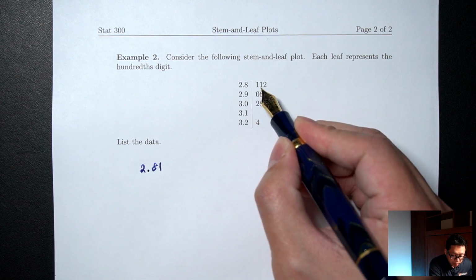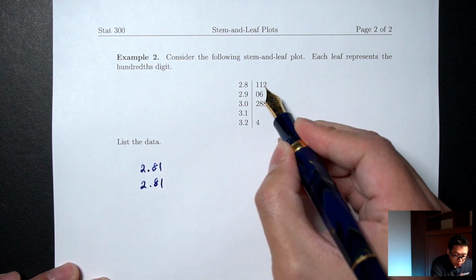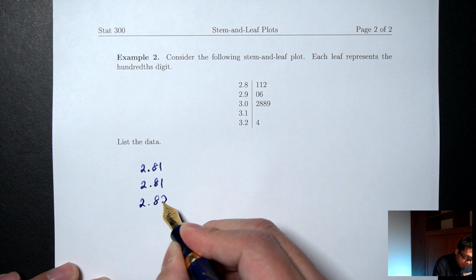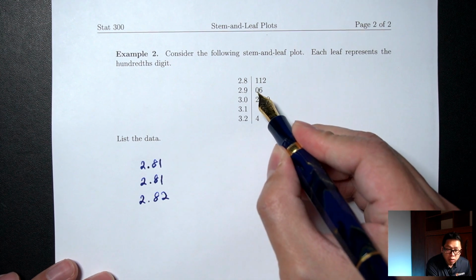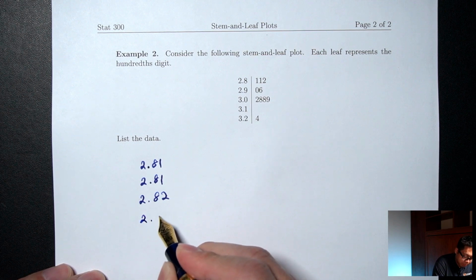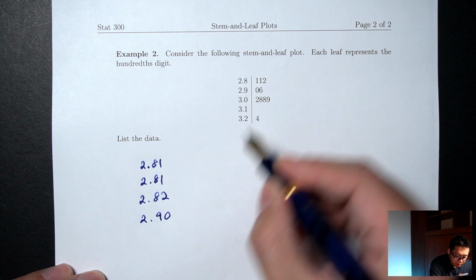The next one represents another 2.81. The 2 represents 2.82. The 0 here represents 2.90. The 6 represents 2.96.